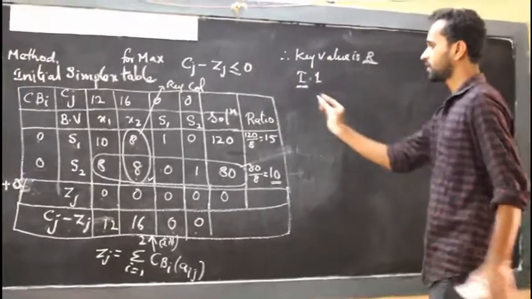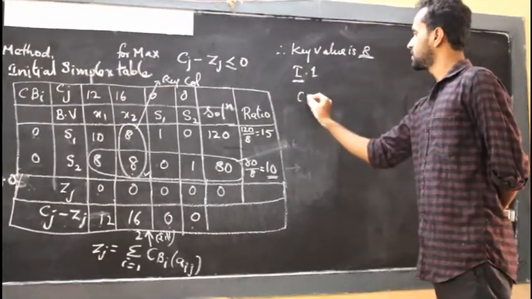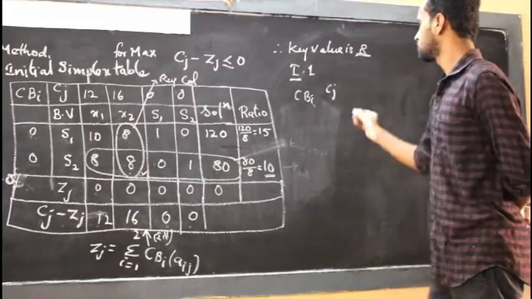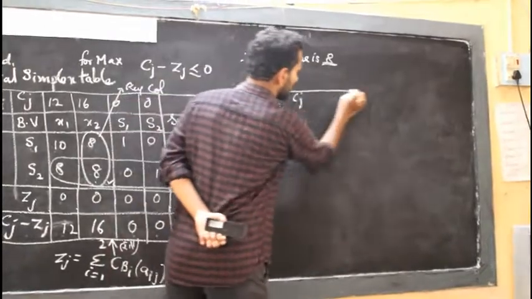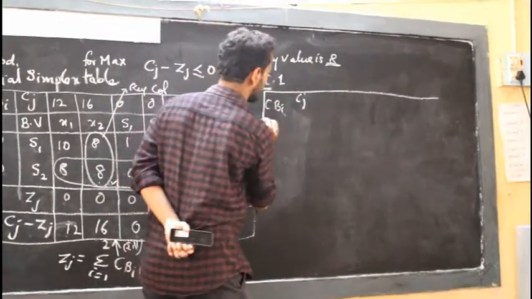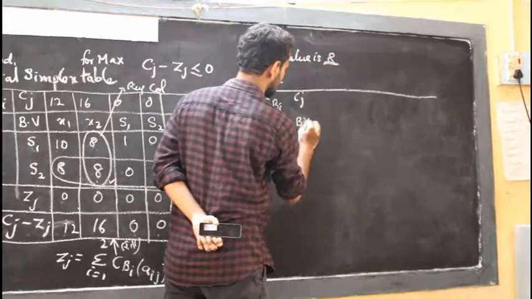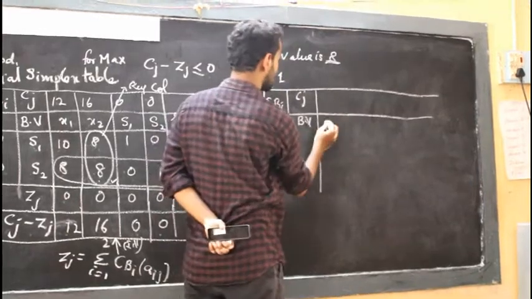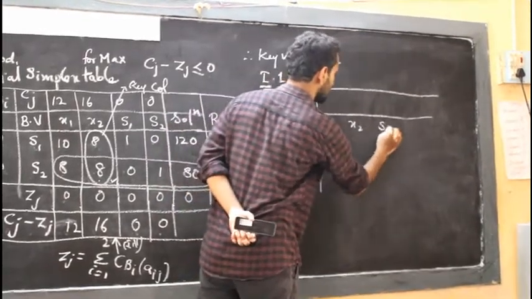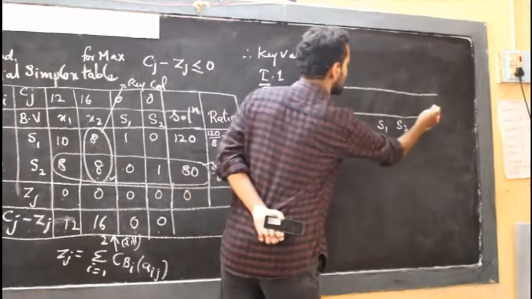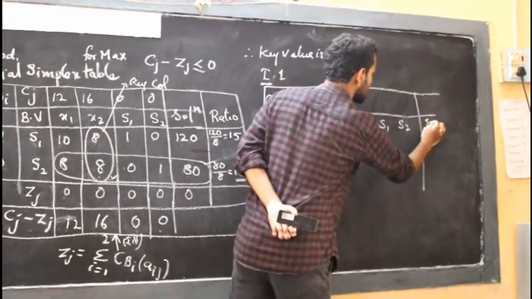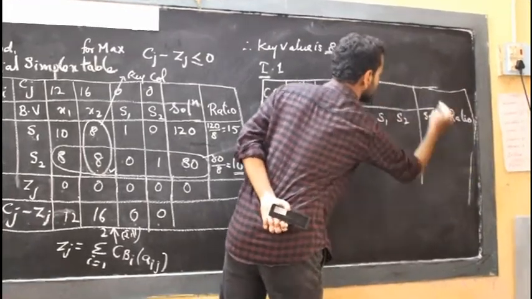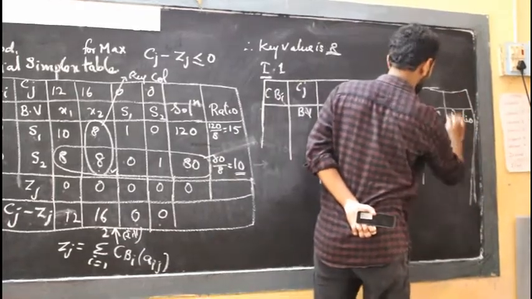Now I will form the table again: CBI, Cj, basic variables. So my x1, x2, s1, s2 are my basic variables. Then the solution, and again the ratio. So these are the things we have here.